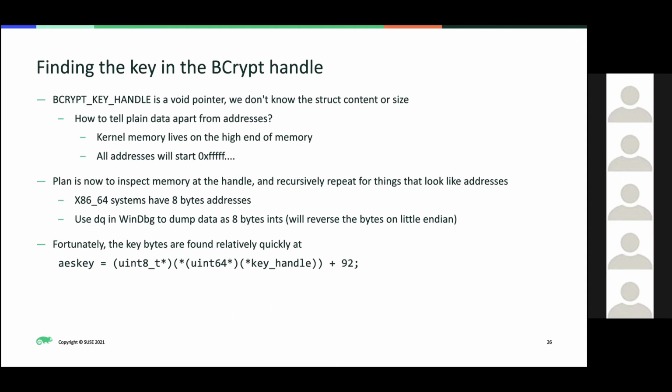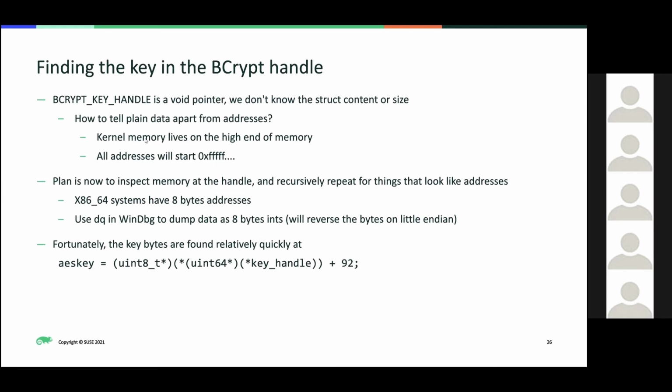For kernel memory on x86 64-bit, addresses are 8 bytes long, and the first bytes will always be FFFFF and some constant value, because kernel memory is always stored at the highest values of the address space.